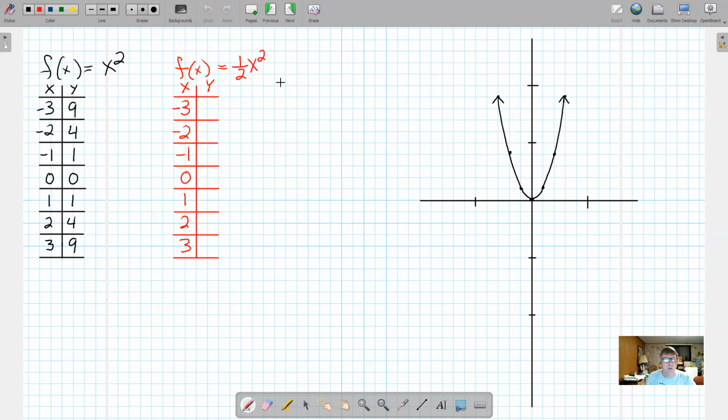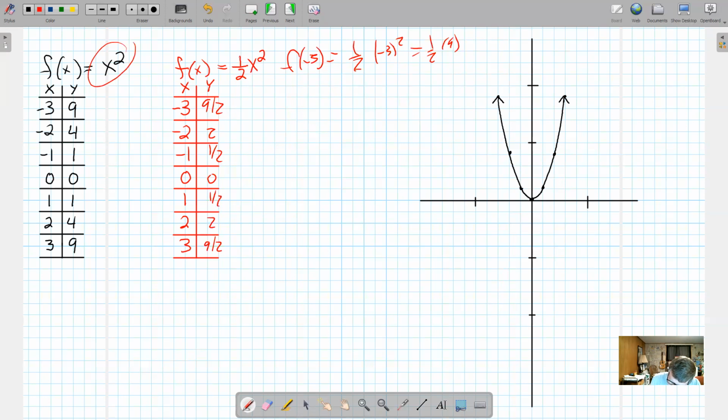Oh, wait, what about 1/2 x squared? What's that going to do? Well, f of negative 3 is going to be 1/2 times negative 3 squared, which is going to be 1/2 times 9, or 9/2. It's going to cut this in half. So 2, 1/2, 0, 1/2, 2, 9/2. 9/2 is the same thing as 4.5.